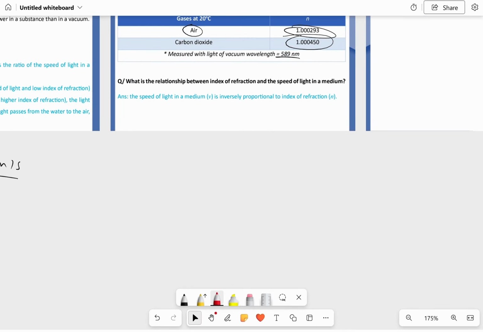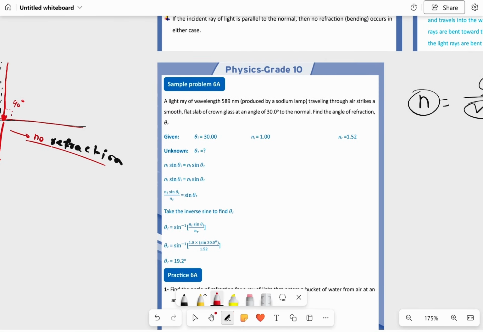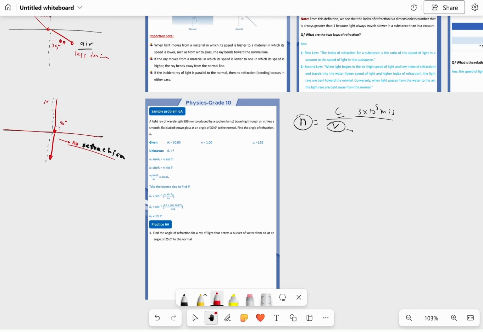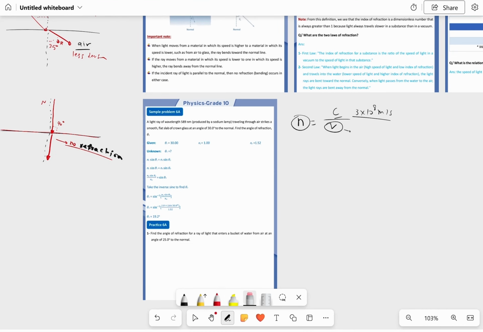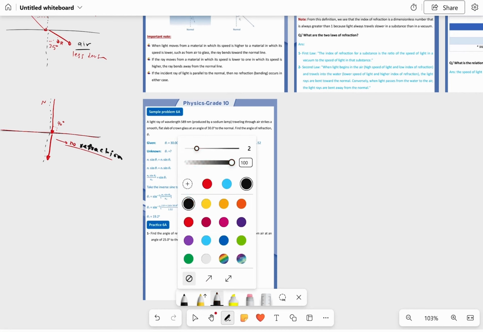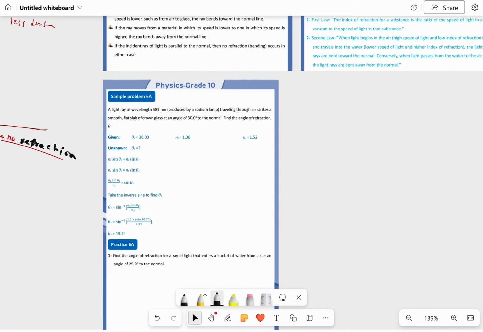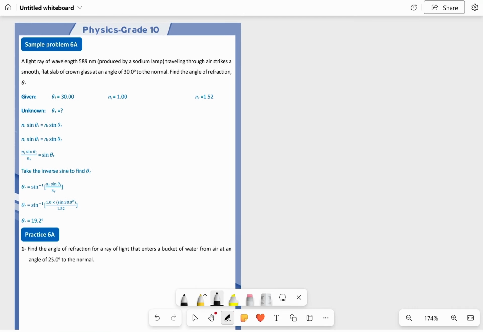Let's solve a question. We have question 1, sample problem 6a. By the way, it has given a wavelength. When you're dealing with this, just leave the wavelength alone.